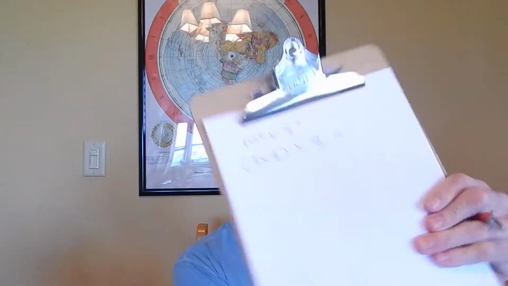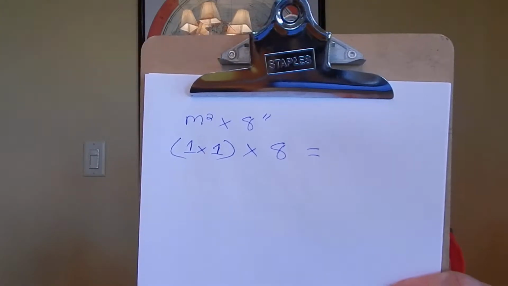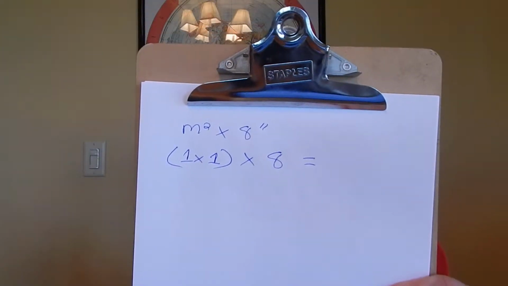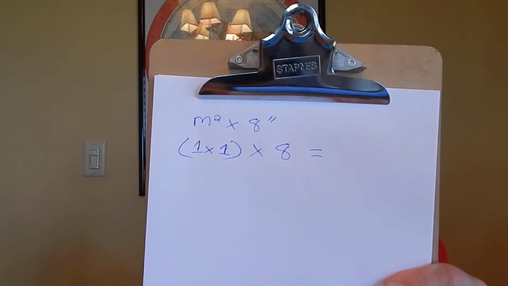All right, so when you're dealing with math, you want to solve what's in the parentheses. That would be m squared. 1 times 1 is 1, and 1 times 8 would be 8 inches.